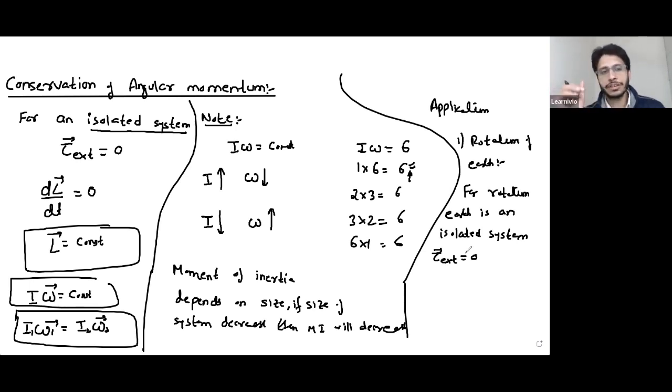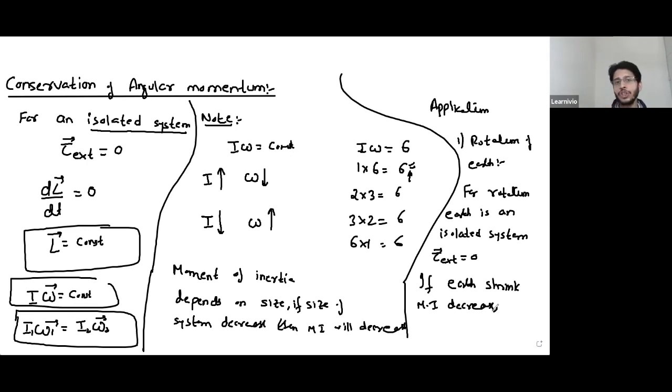Means no external torque is acting over it. So if Earth shrinks, can you guess what will happen with its moment of inertia? It will increase or decrease? Decrease. Yes. If it shrinks, then moment of inertia will decrease.